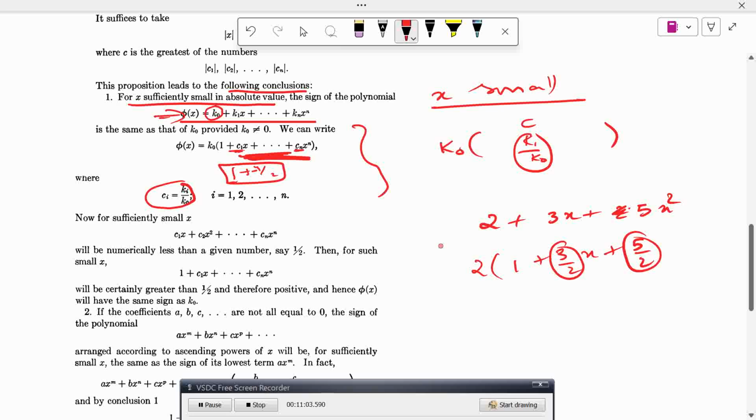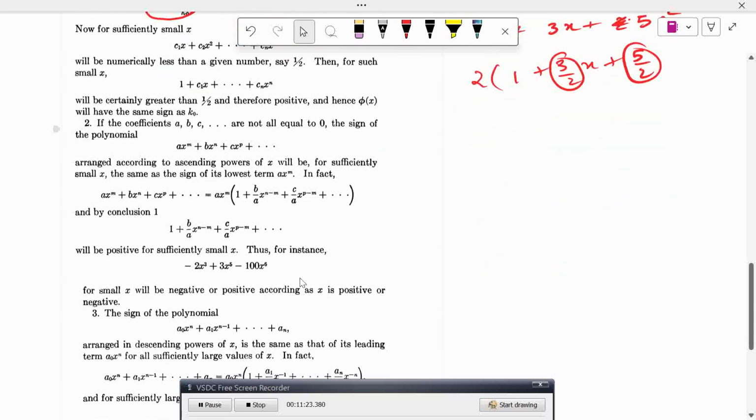So 1 plus or minus a small value less than 1 will always remain positive. So this part is positive. So the sign of phi of x depends upon this constant. Clear? So that is the first result.